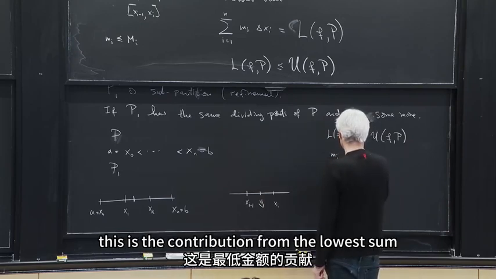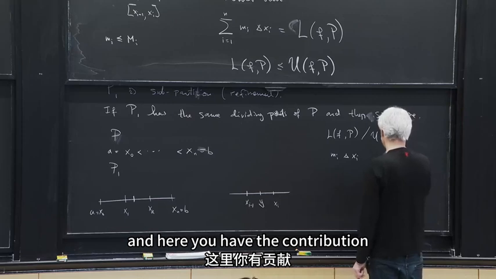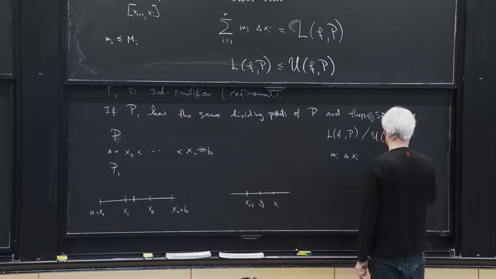This is the contribution from the lower sum, and here you have the contribution from the upper sum.